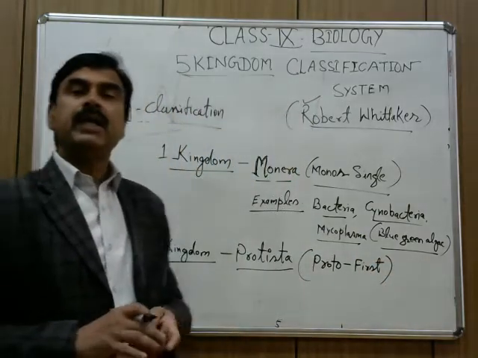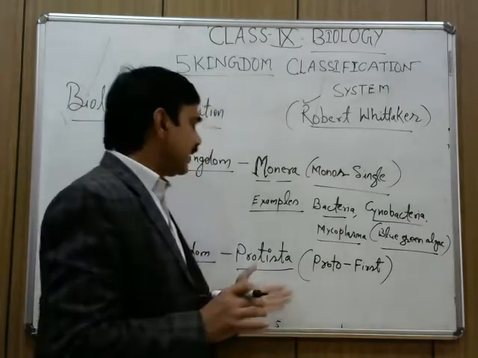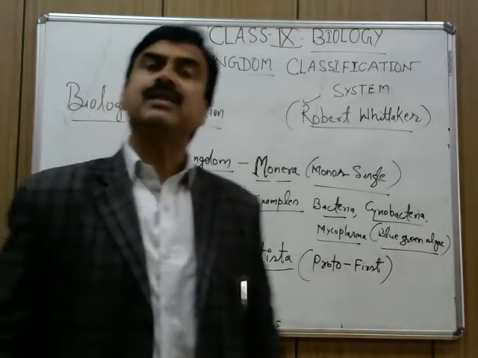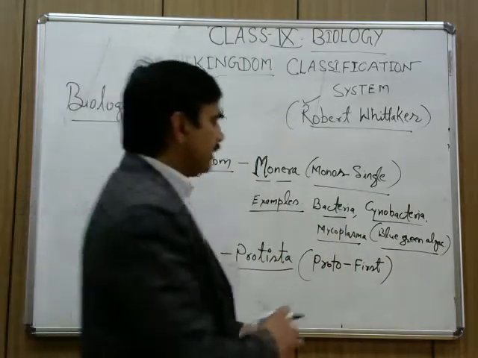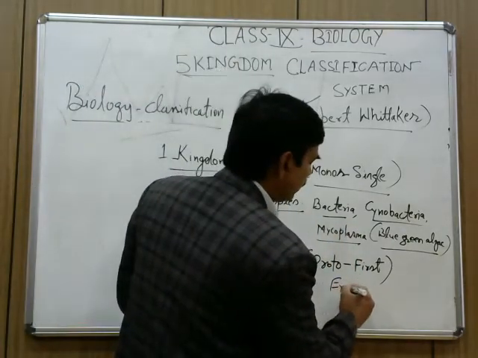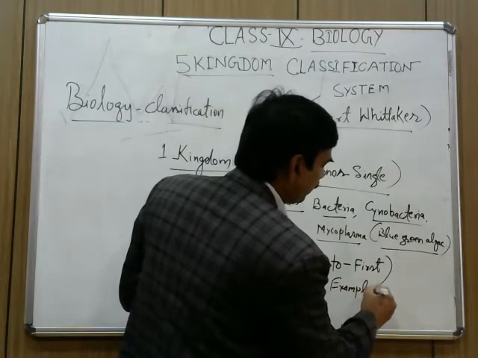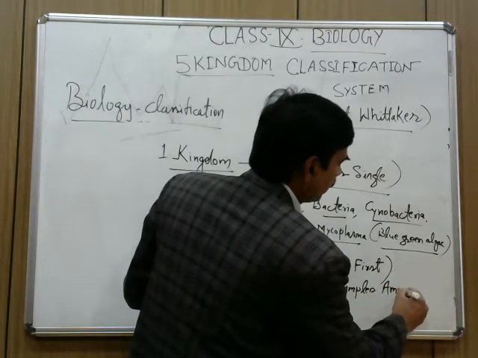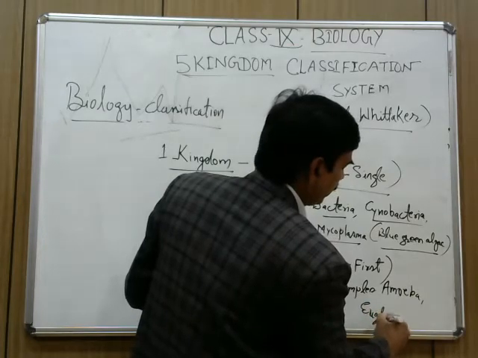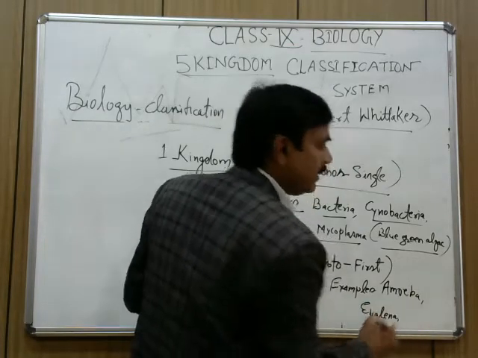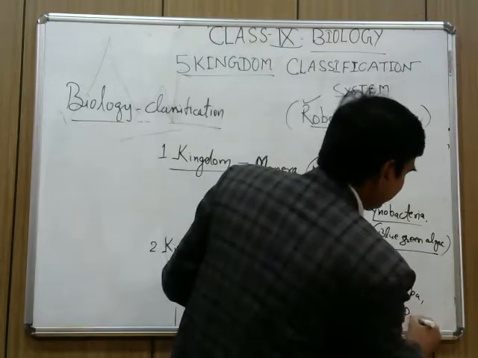We have kept the first animals in this category. So protozoa means amoeba, euglena, paramecium. You can write these as examples.